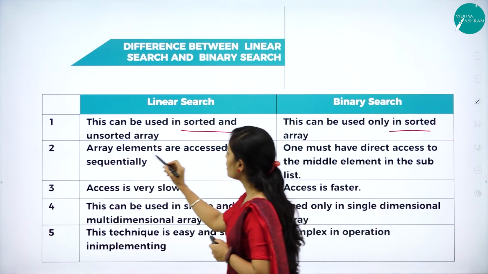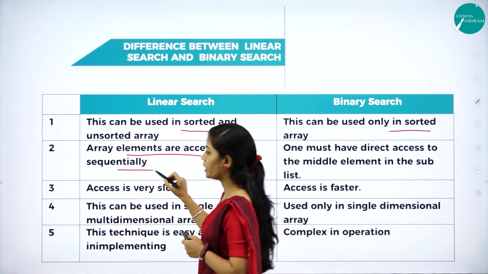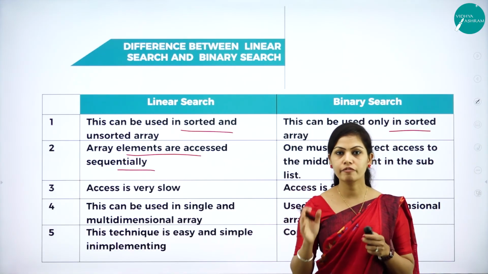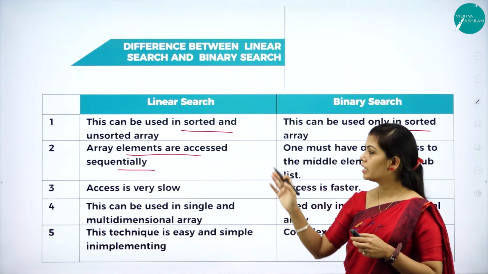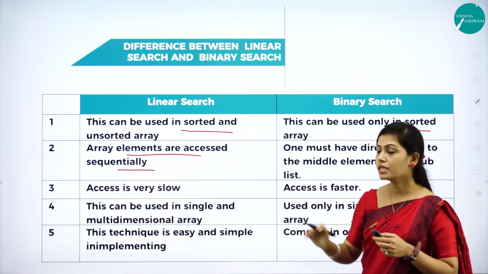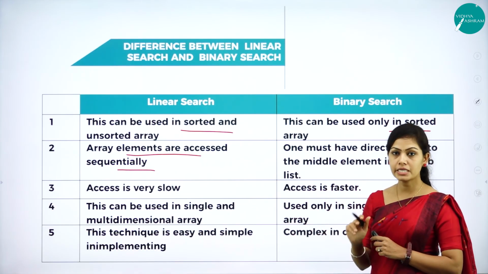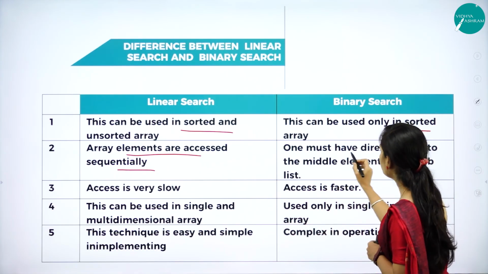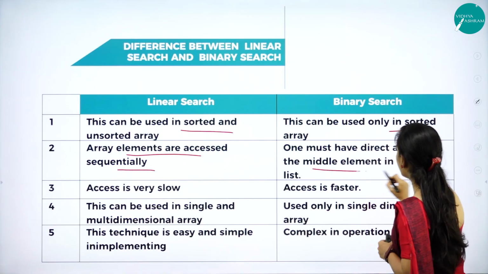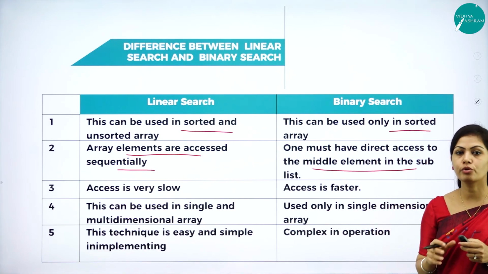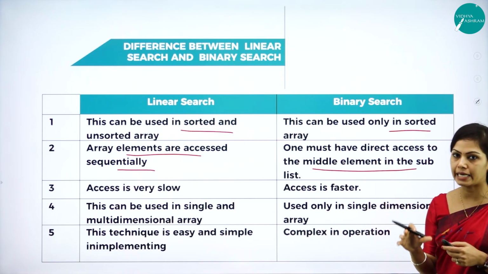And array elements are accessed sequentially, one by one, from the beginning till the end, in linear search. That means searching is sequential in linear search. But in binary search, one must have direct access to the middle element in the sub list. So using the midpoint element, we can directly go for the searching element.